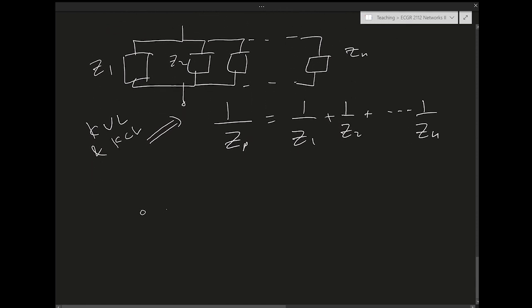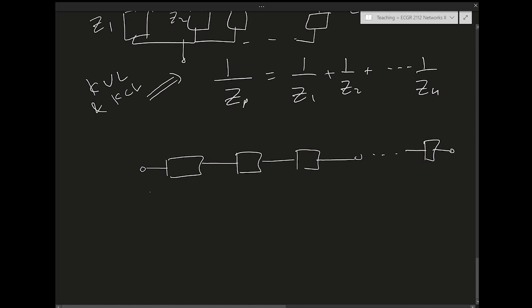Recall that the key method of deriving those relationships is as follows. We have the total voltage, plus minus V series, and then the voltage across each element, V1, V2. KVL specifies that V series equals V1 plus V2 all the way to plus Vn.